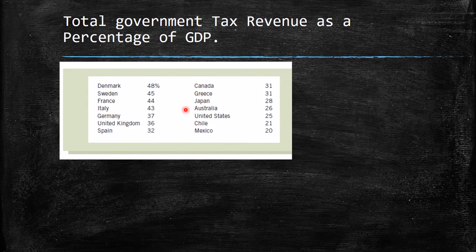Now, in the next table, we have a really interesting tax revenue as a percentage of GDP of different nations around the world.